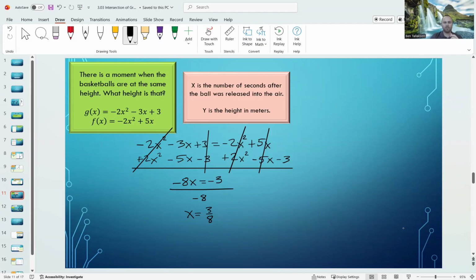Okay, why not choose the simpler looking function f of 3/8. Let's divide it, let's get a decimal. That'll be nicer to work with. That's 0.375. I'm just going to round to 0.38 equals negative 2 times 0.38 squared plus 5 times 0.38.